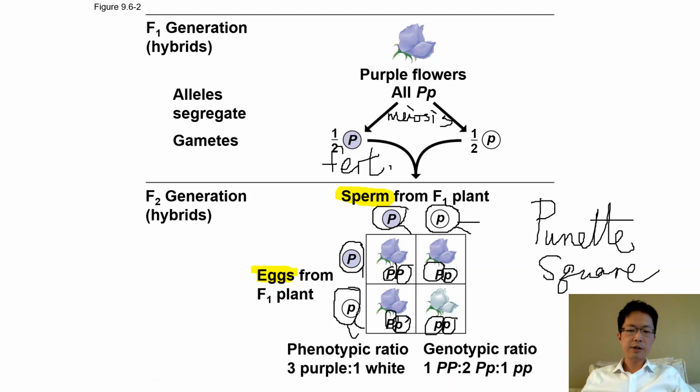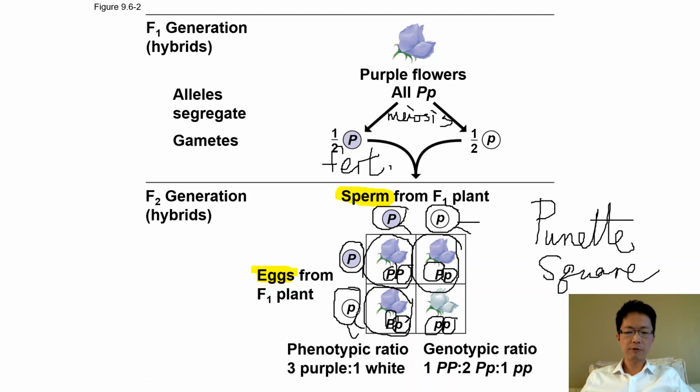And as you can see, if it is big P, big P, of course we get the purple flower. If we get the big P, small p, which is the heterozygous dominant, just like the F1 generation, then we get the purple flower. We also get this big P, small p, similar to the F1 generation.